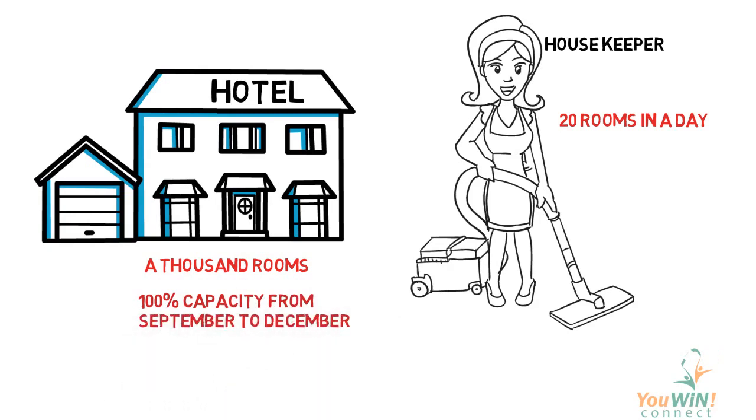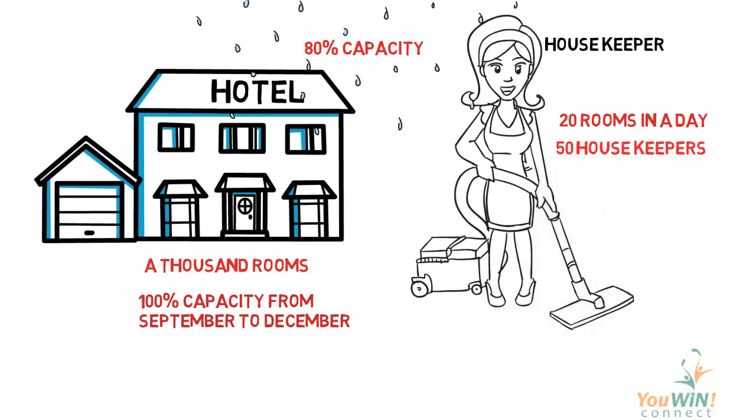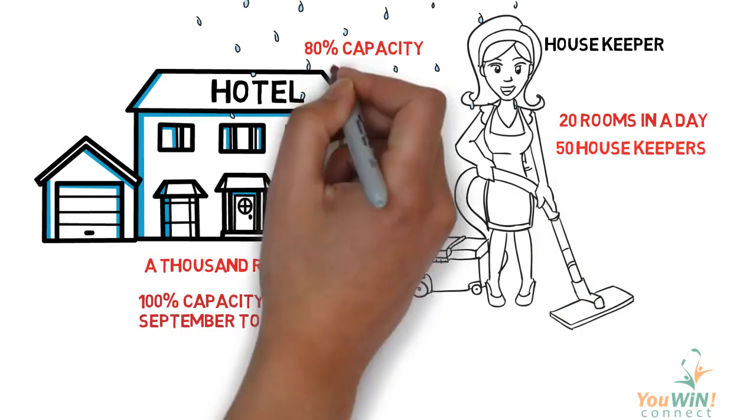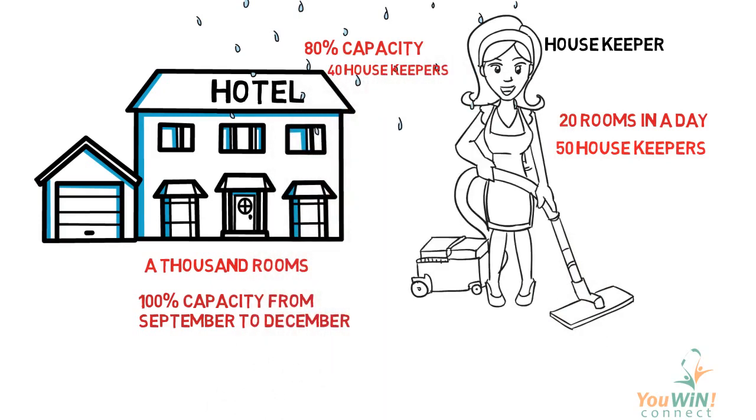So that's their peak period. But they normally run at 80% capacity during the rainy season. Using this method of trend analysis, the hotel management will be able to determine that they will need 50 housekeepers during the peak season and 40 during the rainy season.